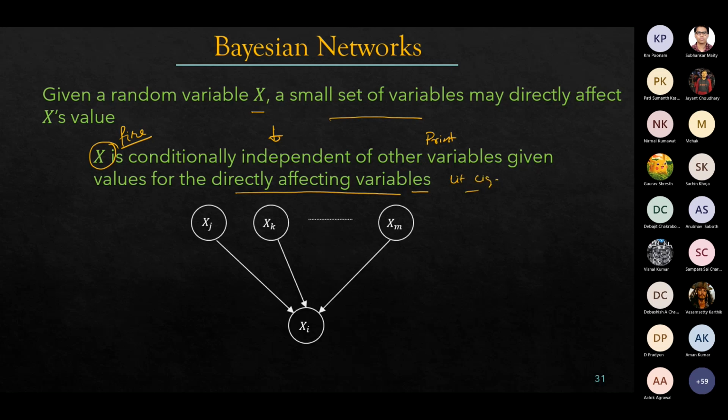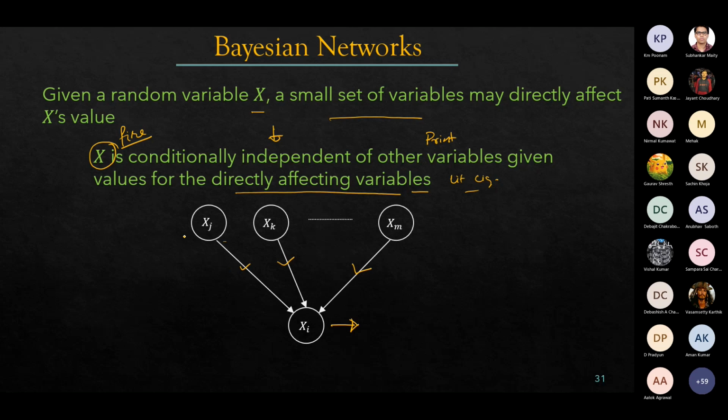So we can encode this kind of information in a graphical structure. By this graphical structure, we are saying that these are all random variables and the random variable of our interest is xi. If we know the values of xj, xk and xm, which are directly affecting the outcome of xi, then xi is independent of other variables. That's why they will not be connected by a directed edge like this.